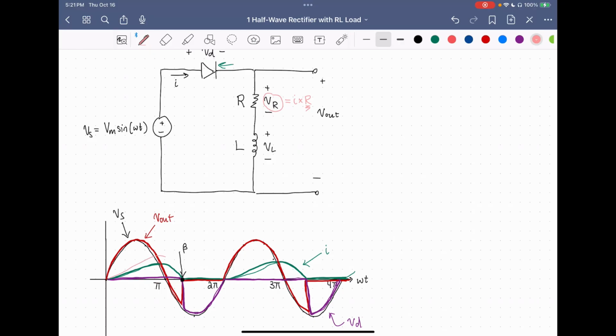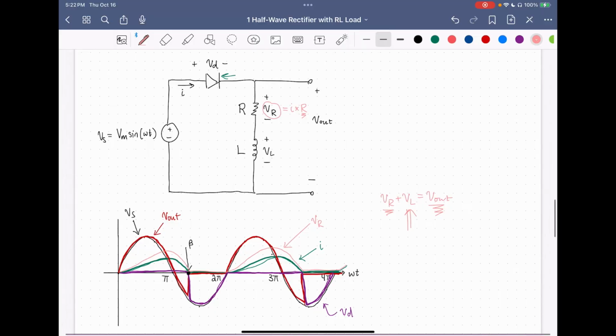It begins to rise once the current gets positive, following the shape of I. Because VR plus VL equals Vout, and we know the waveforms of VR and Vout, we can also proceed to find the waveform for VL. You can do this on your own and also try it out in simulation.